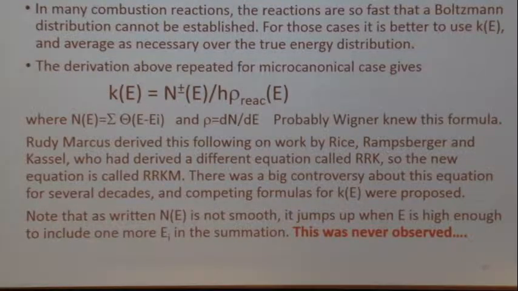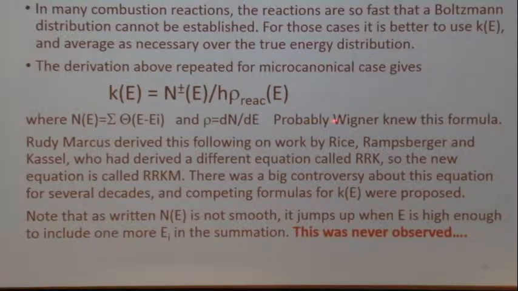So instead of having the partition function Q, you get just a sum of the states that have energies below the total energy. They are allowed, they contribute, and all the ones that have higher energies are not involved. They're 0. And also this quantity in the denominator is just a derivative of this guy.